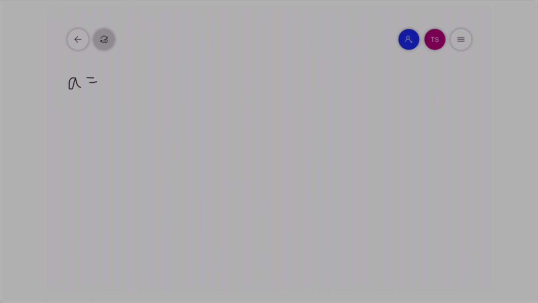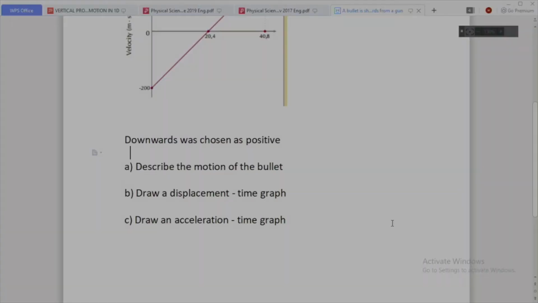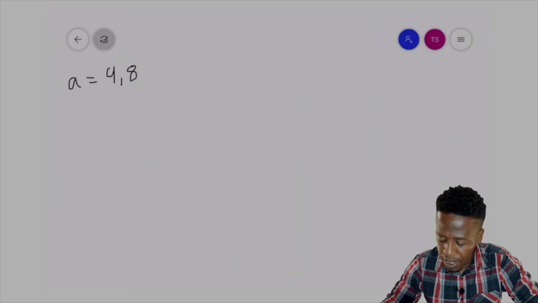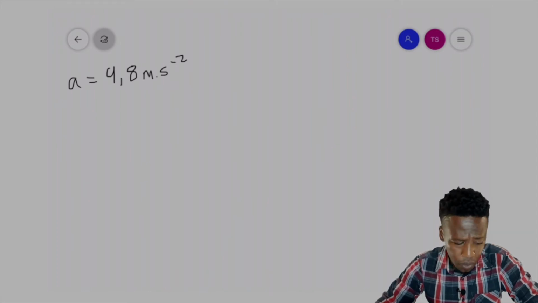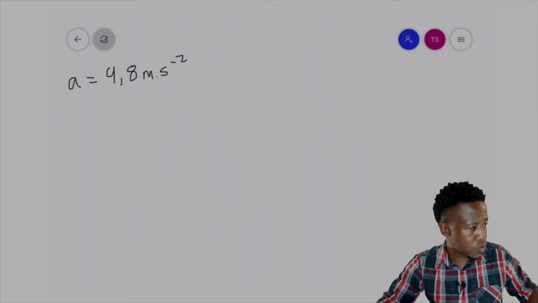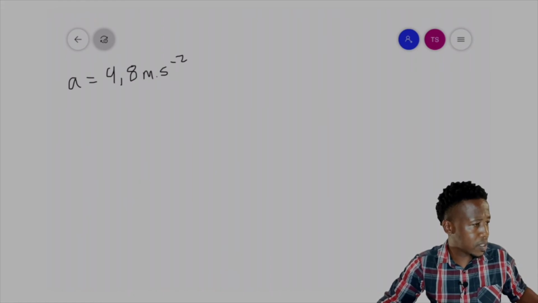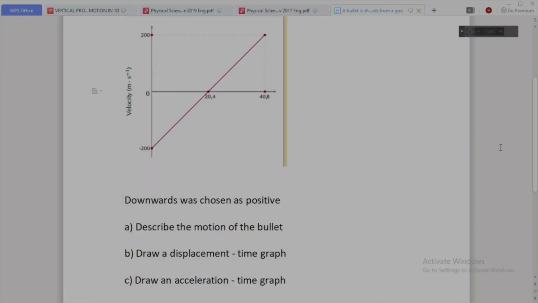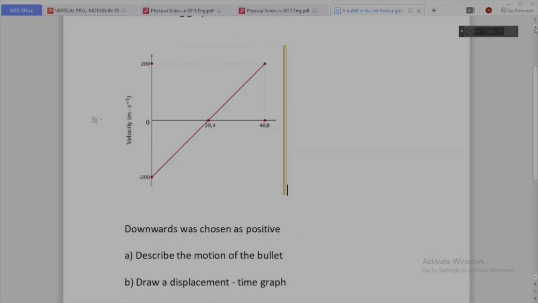What we know is our acceleration. Now remember they said downwards was chosen as positive, meaning our acceleration will be 9.8 meters per second squared, right? And then what else do we know from the question? Let's go back to our graph and see what we can gather from our graph.